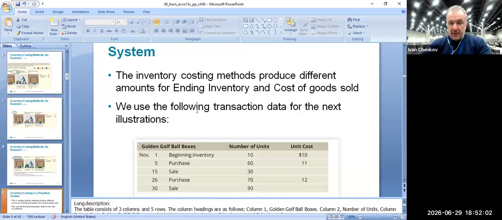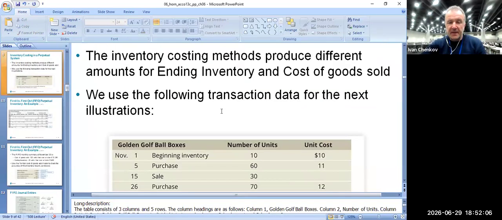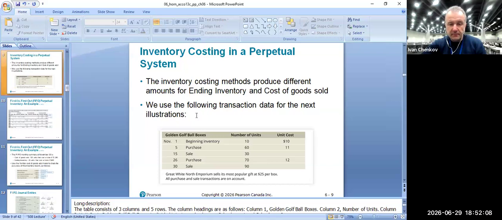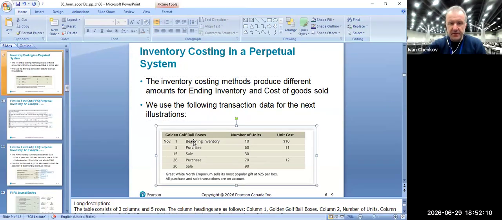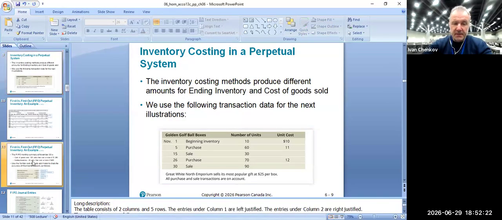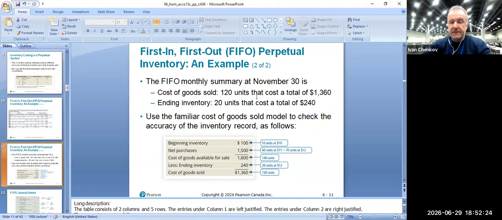Now let's do some actual calculations so you can see how this works. We're going to use this information for this company. They have a beginning balance of inventory, and they have purchases and sales. The first method we're going to see is the first in, first out method.